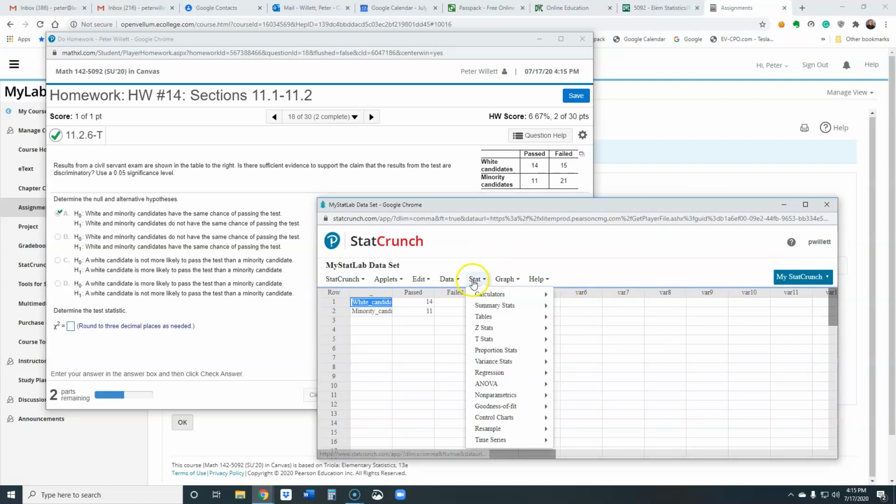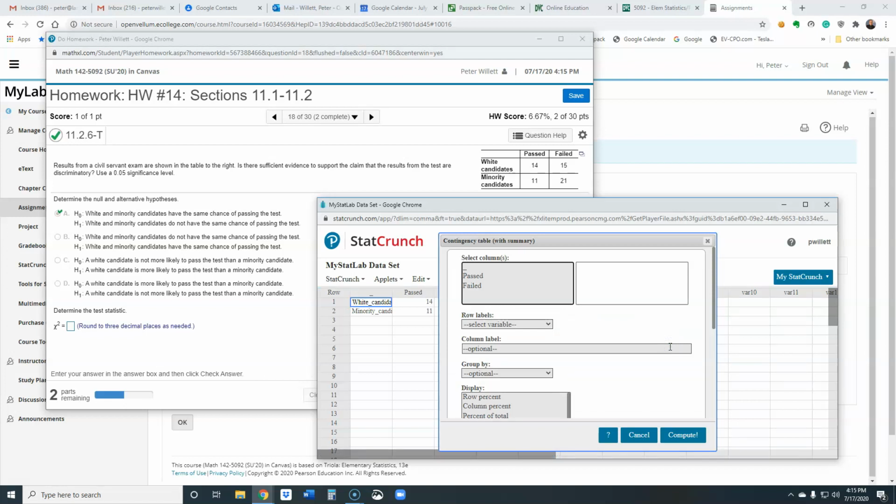I go to Stat, Tables, Contingency, because this is a contingency table. They summarized the results here. They didn't list each of the candidates separately. They summed them up for us. So we're going to go to With Summary.